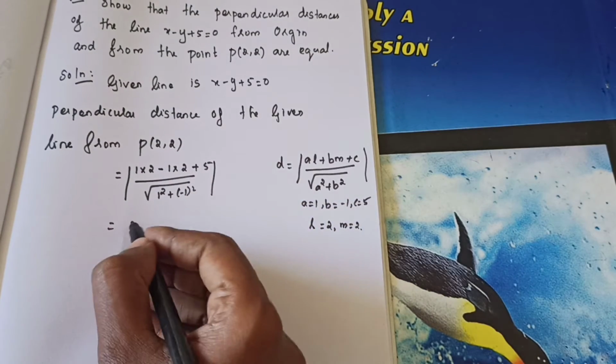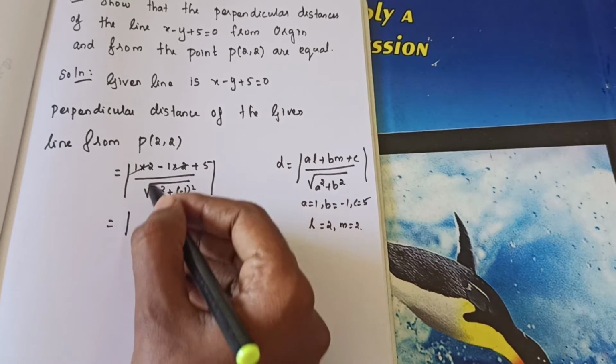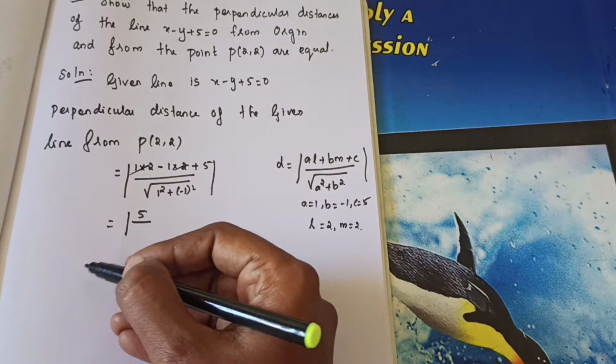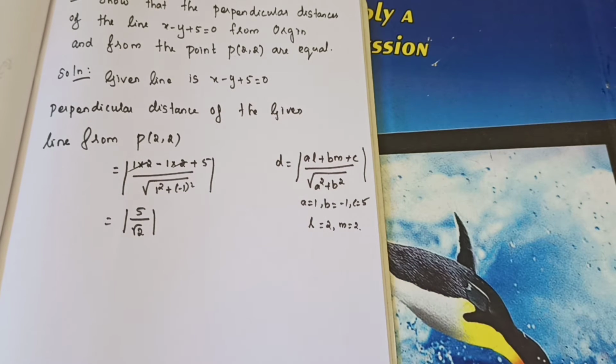Equal to modulus of 2 minus 2, it will get cancelled. So 5 divided by square root of 2. This is the first answer.